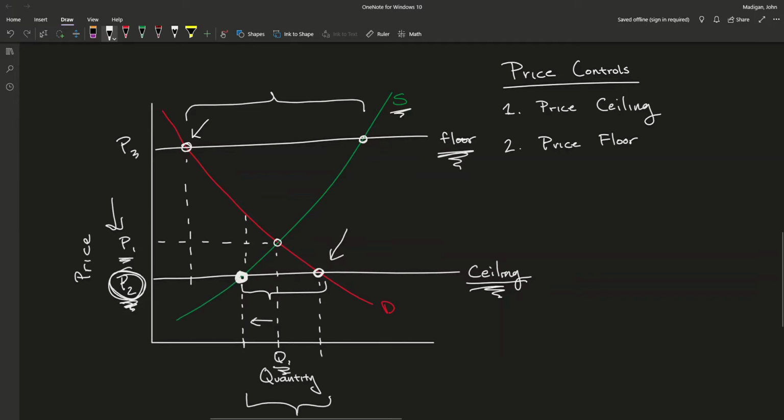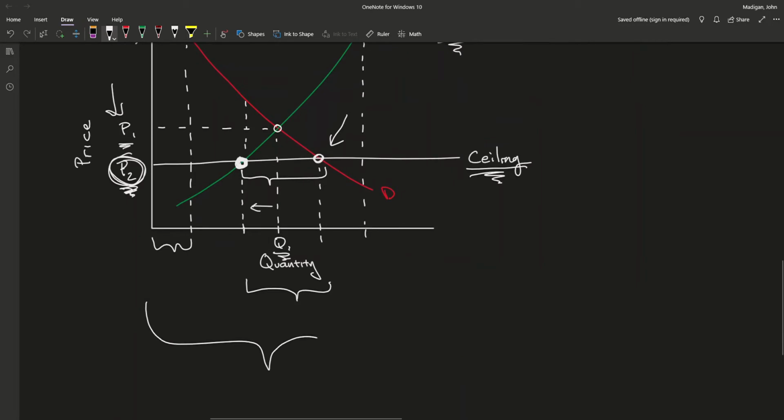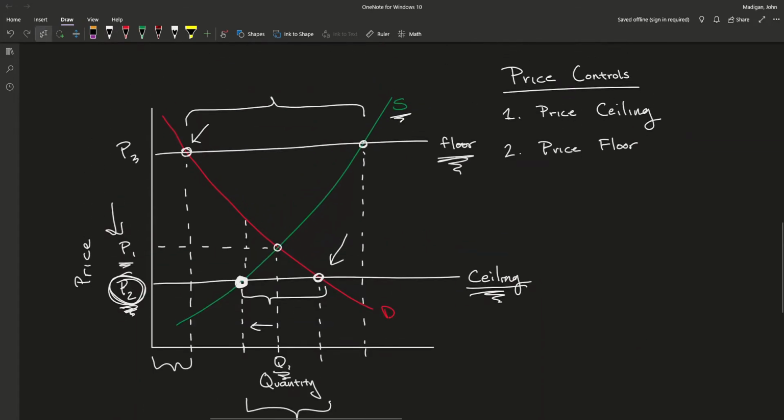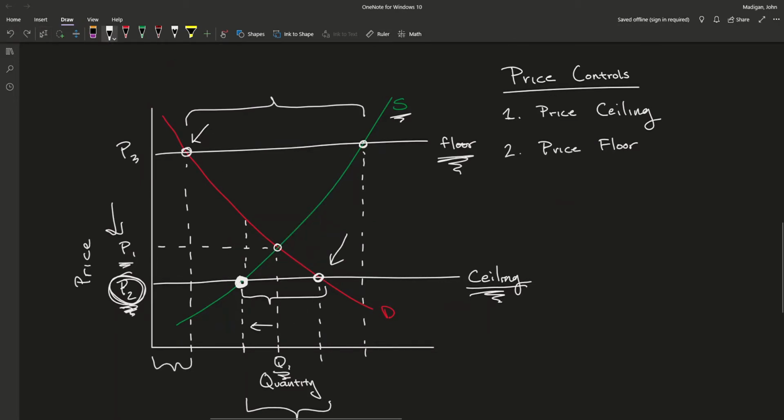They're only willing to buy that small amount, but the farmers made enough crop for people to buy that much, a huge amount. So there's nobody who wants to buy all that stuff in the middle because it's priced way too high.